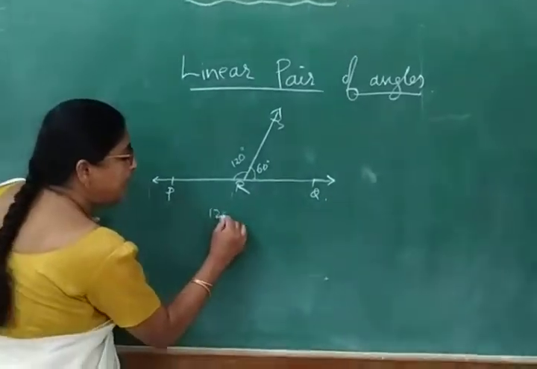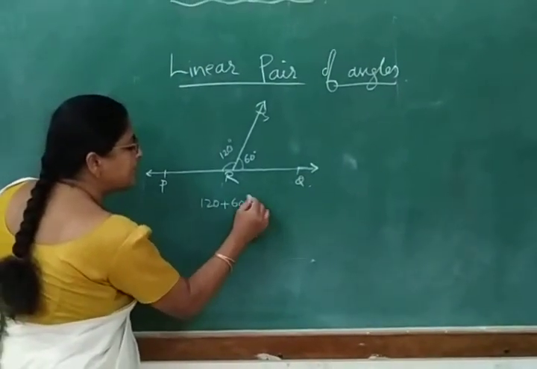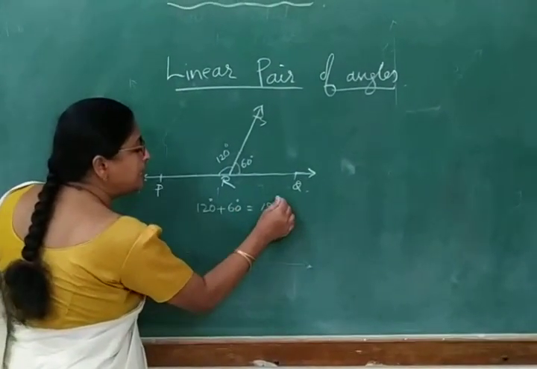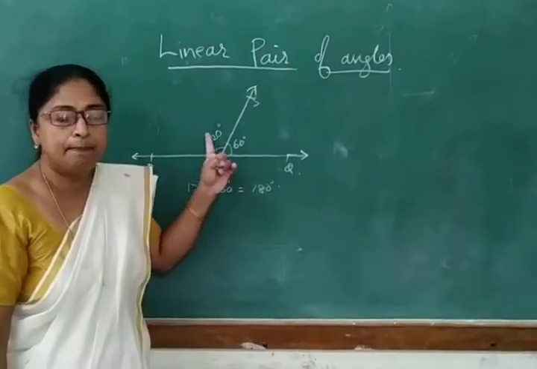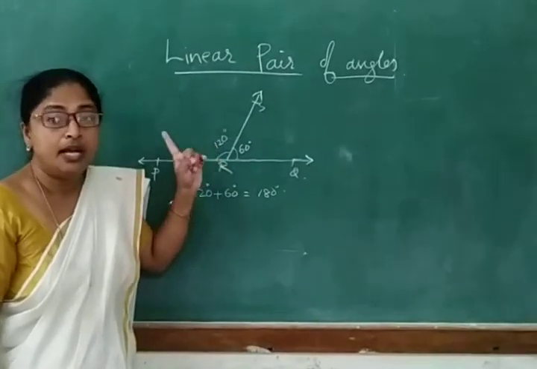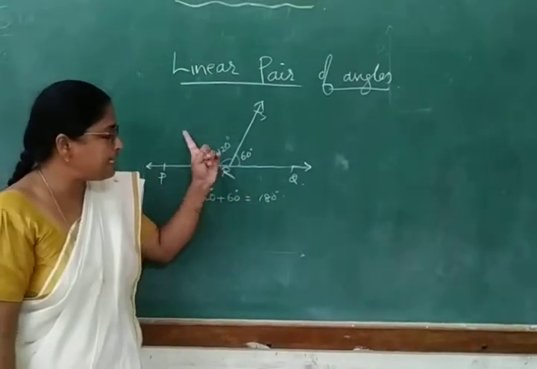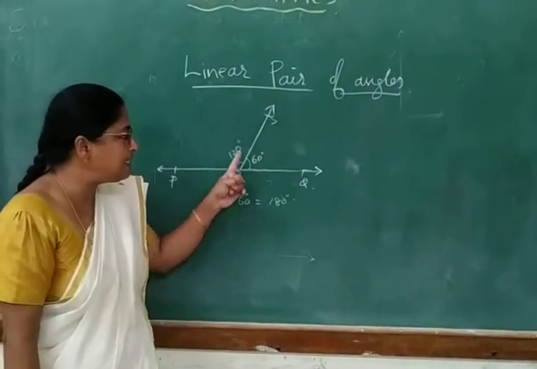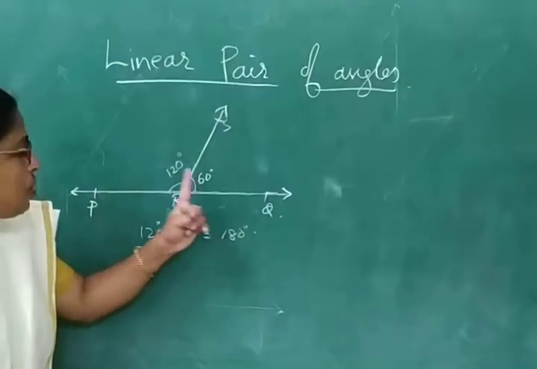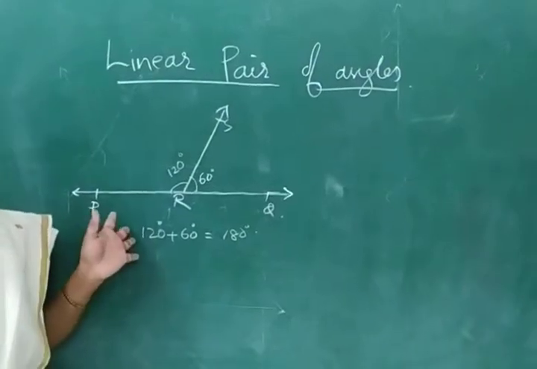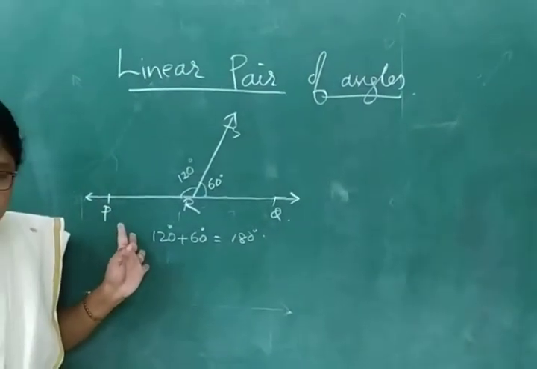Now 120 plus 60 is equal to 180 degrees. So far we have studied that these are called supplementary angles. Here they are supplementary as well as there is a common ray RS. Then these two angles are called linear pair of angles.